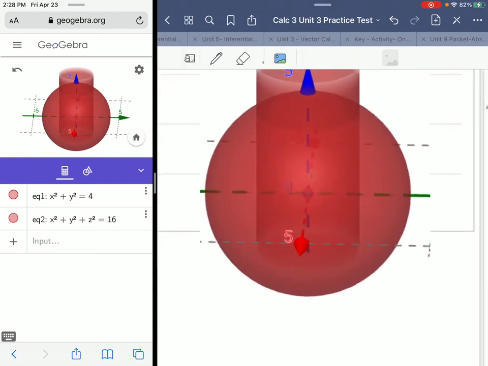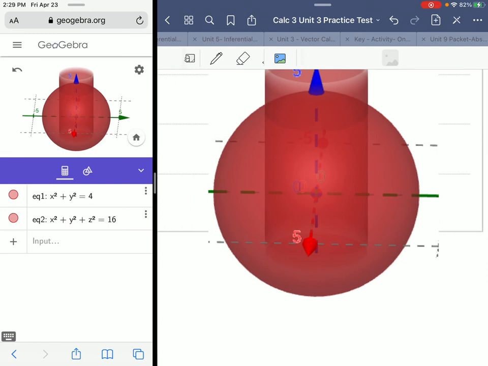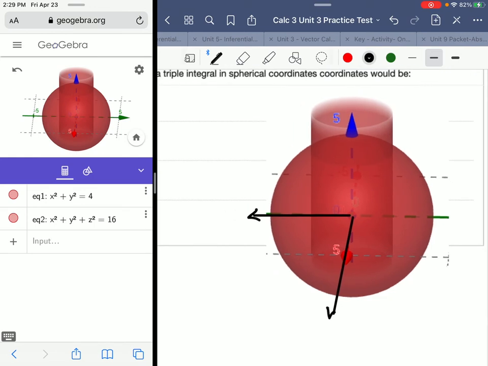So we only care about the first octant, so between the positive x-axis and the positive y-axis, if I can make that look halfway decent. Not really. Sort of. There, last attempt. All right, that's alright. And then I'll get my z-axis in there. All right, so we have that little cutoff here.